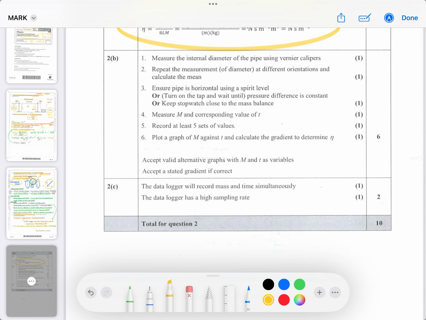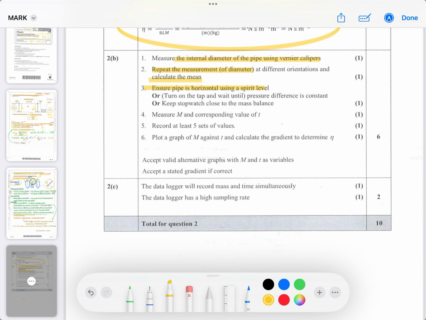Part B, measure the internal diameter using the vernier calipers. Repeat the measurements at different orientations or different positions to calculate the mean. 2 marks. Ensure the pipe is horizontal using a spirit level.